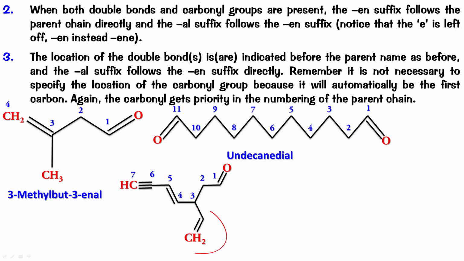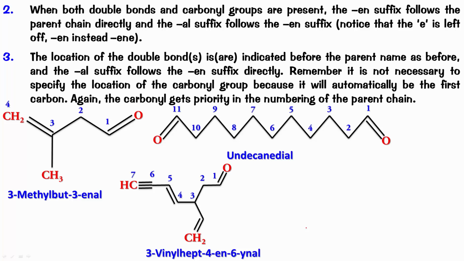You have a vinyl substituent on 3. And what is the parent? The parent should be 7 carbons. So it is hept-4-en-6-ynal. And the prefix is 3-vinyl. So 3-vinylhept-4-en-6-ynal.